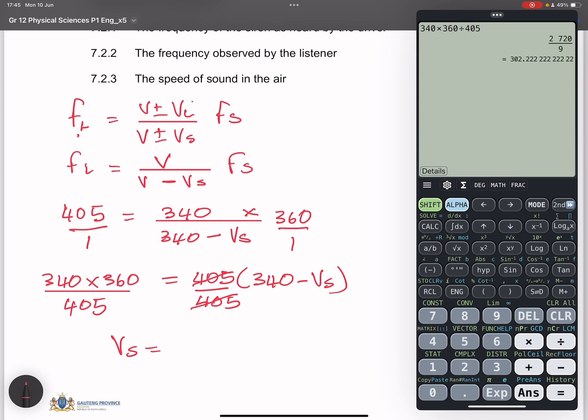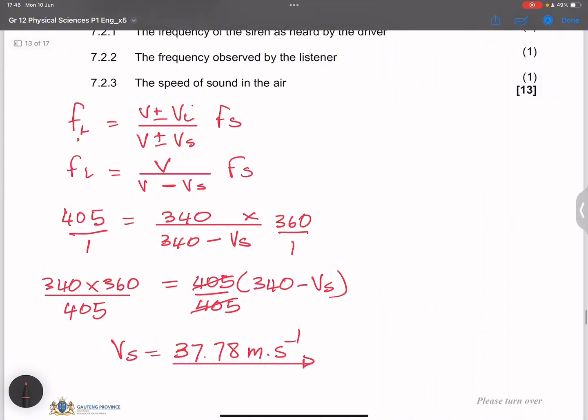That gives me 302, and I'm going to subtract from there 340. I get negative 37, but remember in this case I would have had minus vS, so vS would be equal to 37.78 meters per second. Please just verify that and make sure that you get to the same value.